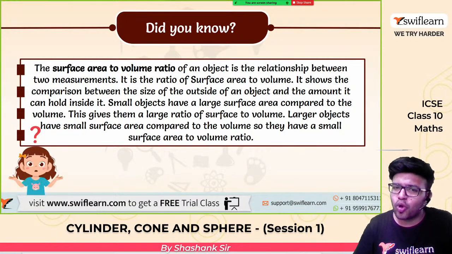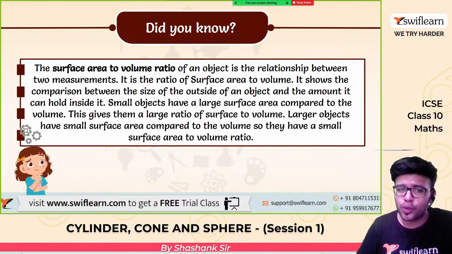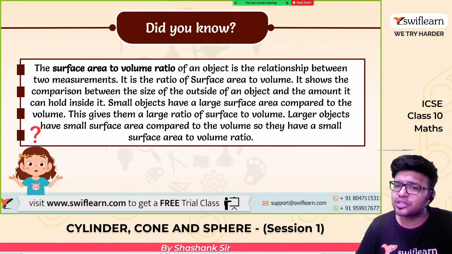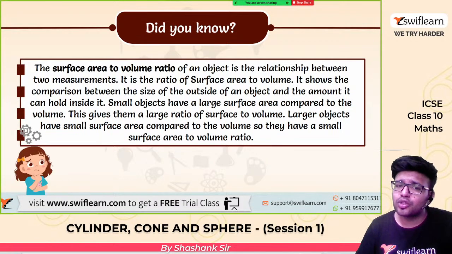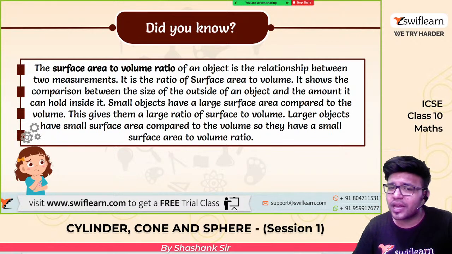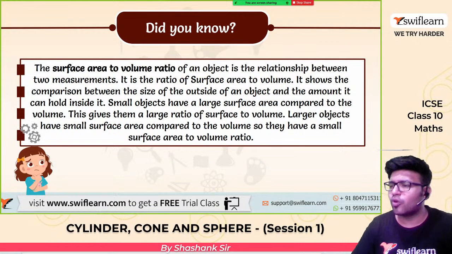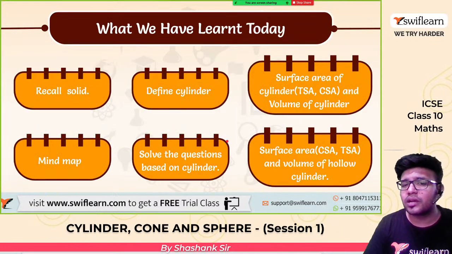The small objects have large surface area compared to the volume. This gives them a large ratio of surface to volume. Larger objects have small surface areas compared to the volume. Larger the objects, larger the volume, but they will have smaller ratio.